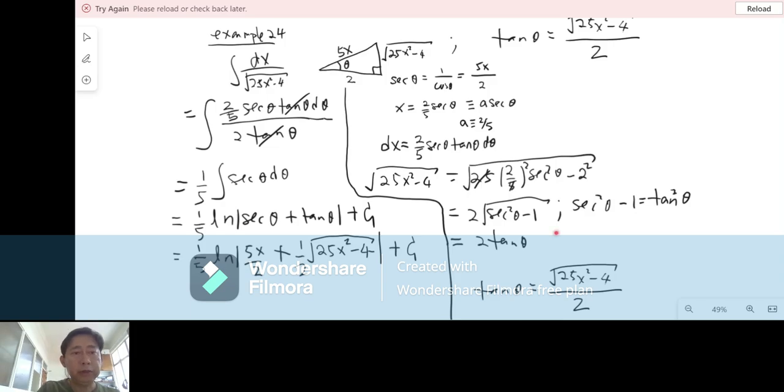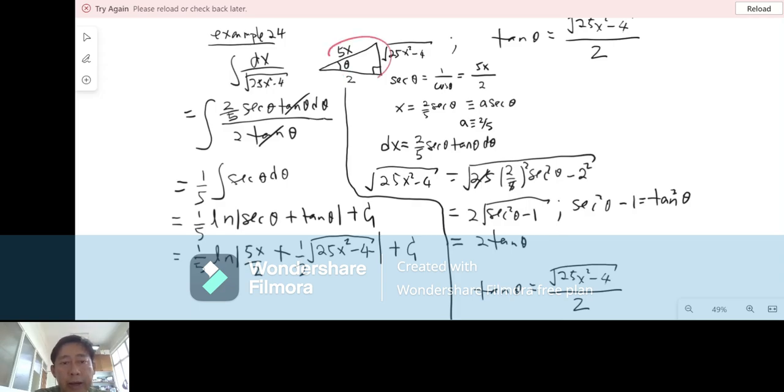As a conclusion, we have performed the integration for example 24, where the integrand contains a denominator of square root of 25x squared minus 4. We first map the square root term to the height of a right triangle with an angle theta. With this choice, you can then realize the hypotenuse of the triangle should be 5x and the adjacent should take the value of 2.